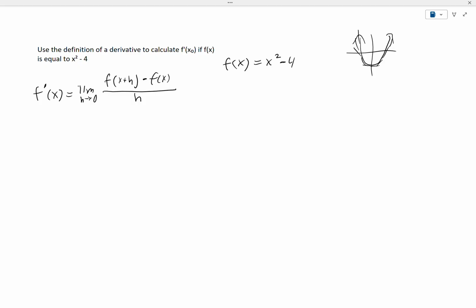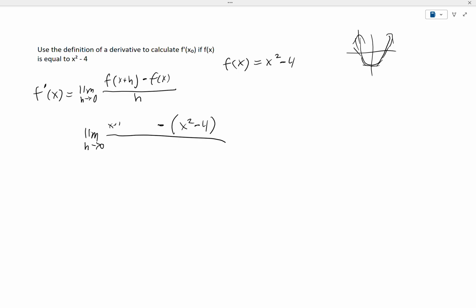So I'm going to use this equation right here, writing limit as h approaches 0 on, I'm going to skip the beginning part. I'll write the second part. f of x is just x squared minus 4. Make sure that that's in parentheses. For the beginning part, I'm writing out f of x, but for every x, I'm plugging in x plus h.